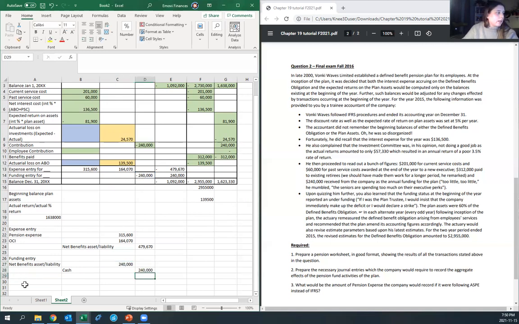All right, and then they're going to ask you what would be the amount of pension expense the company would record if it were following ASPE instead of IFRS. So you want to add your two actuarial losses to the expense. We're going to start with the pension expense under IFRS, which was your 315 here. Then you have your actuarial loss on investments, which is 24,570.